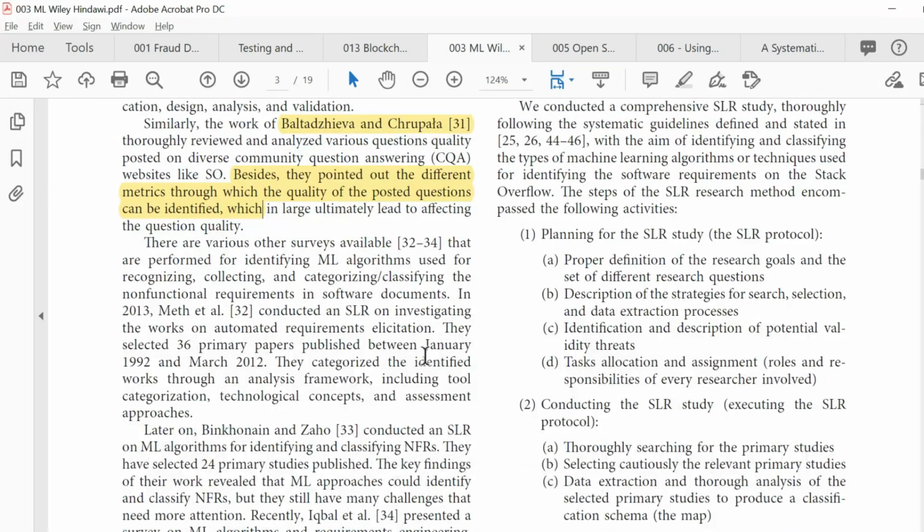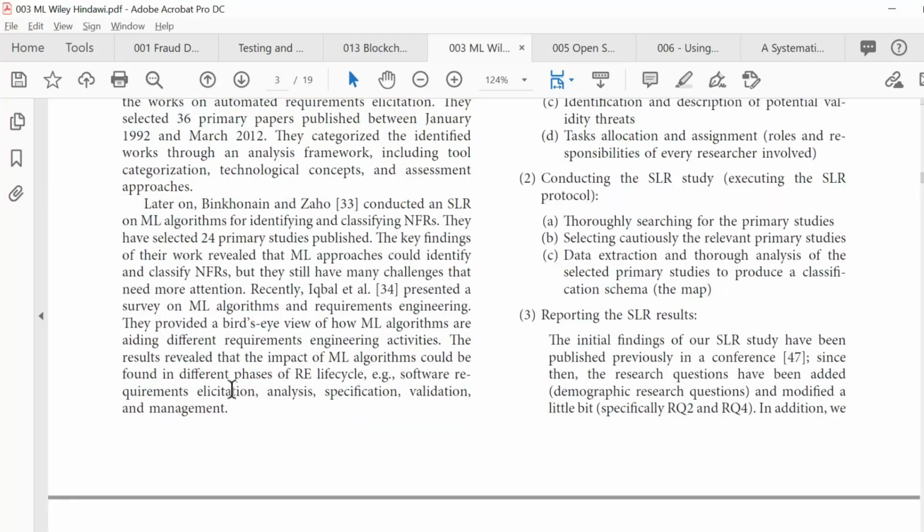There are various other surveys available that are performed for identifying machine learning algorithms used for recognizing, collecting, categorizing, classifying non-functional requirements in software documents. And then there are some examples of these papers. Further coming down, we see this group conducted an SLR on ML algorithms for identifying and classifying NFRs, non-functional requirements.